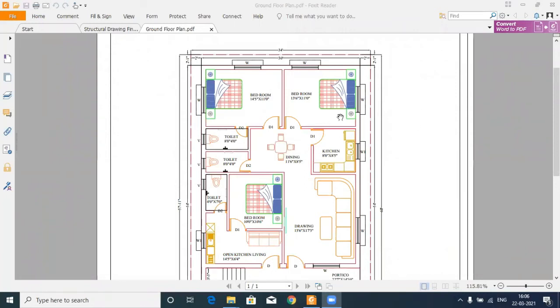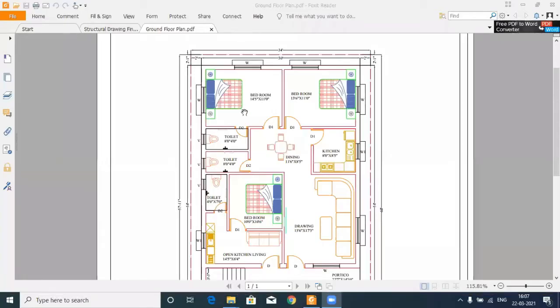In this ground floor plan, the area is approx 1620 square feet, which includes two toilets, one kitchen and two bedrooms, drawing room, again one kitchen and toilet.